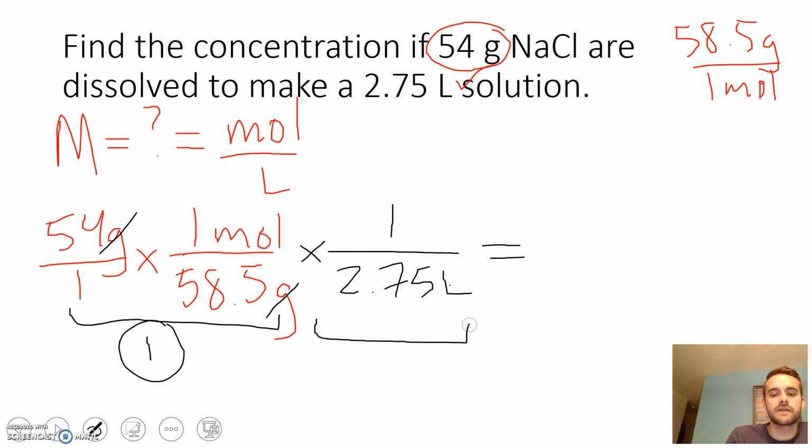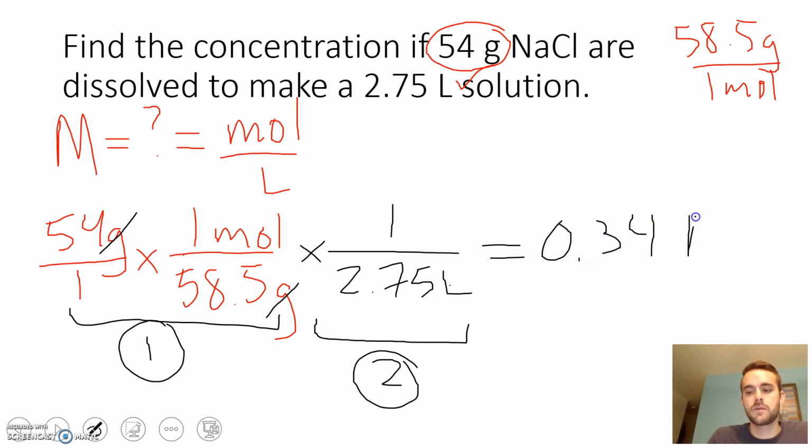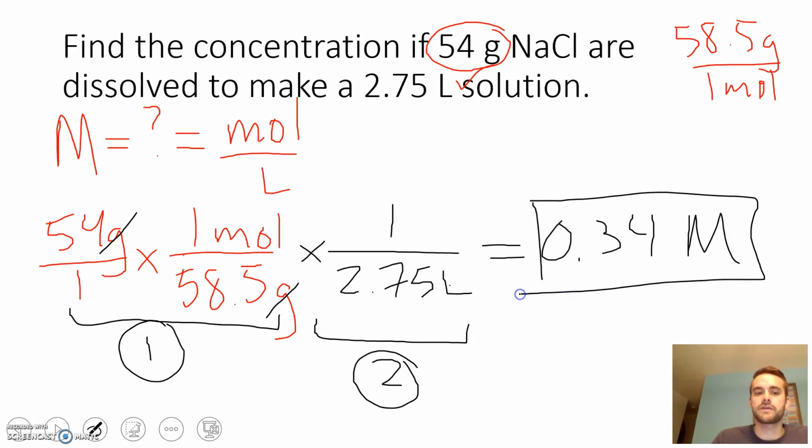And then your second step is dividing that answer by 2.75. I'm showing it all as 1. And here we go. So that equals 0.34 molar. All right, and that will be our final answer. That is our concentration of NaCl that would result from that solution.